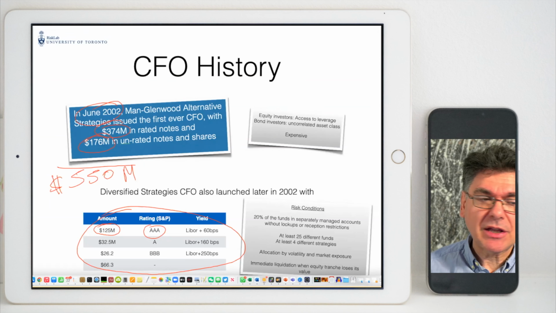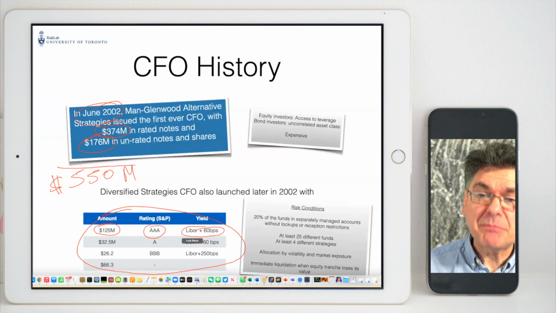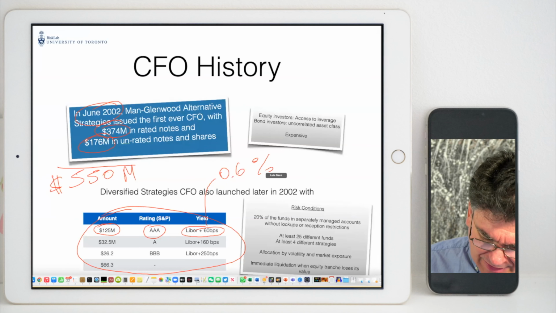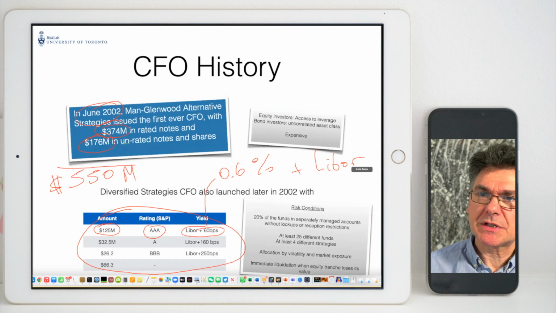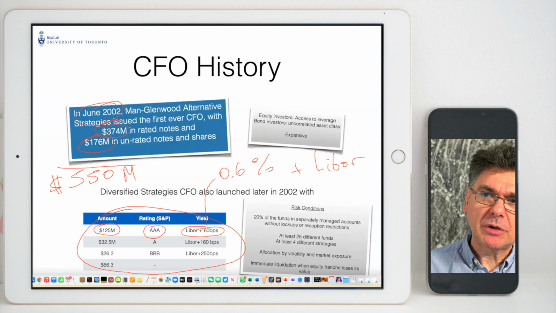It's very likely that you will collect all of your money and what is owed to you. The yield on this bond was 60 basis points. 60 basis points, I think you know, is 0.6%. Okay? Plus LIBOR. LIBOR is the risk-free interest rate. Okay? So this is a good return for a AAA rated bond.